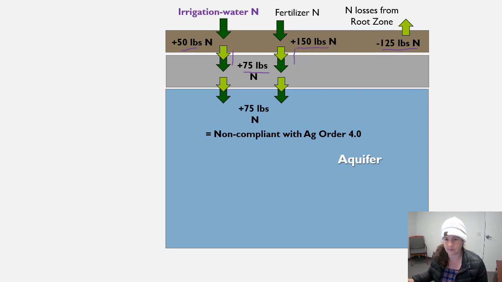Let's say that 75 pounds goes straight down into the aquifer. So the way the A-R equation currently works, or the framework anyway, that's going to result in a situation that is non-compliant with the ag order, because it's going to calculate a net input of 75 pounds, and so that's above the final limit of 50.